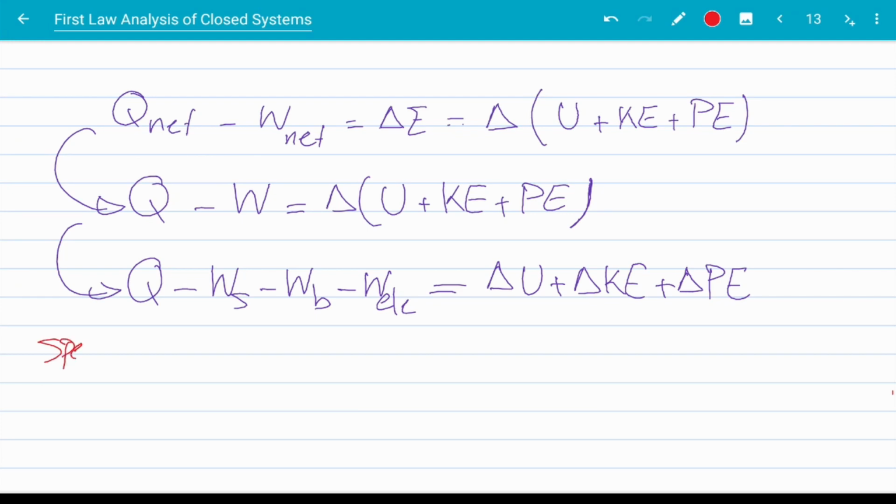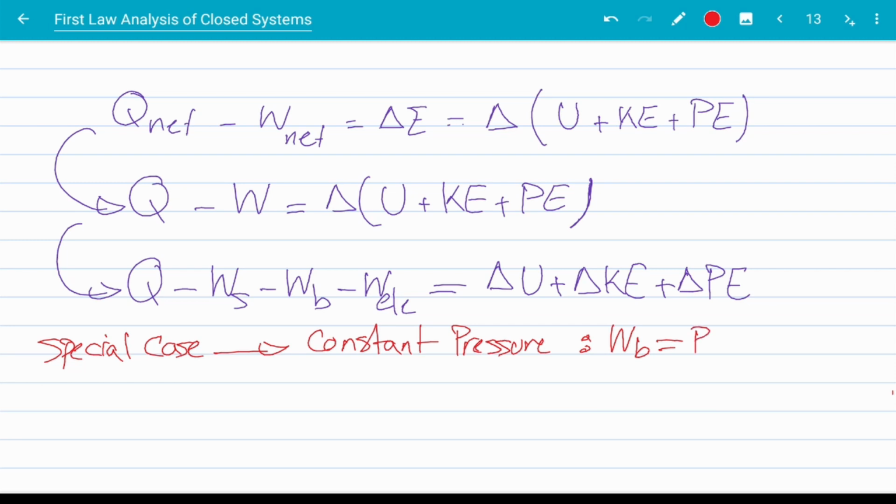Now, in the special case that we are dealing with a constant pressure process, then I know that the boundary work is P delta volume, right?